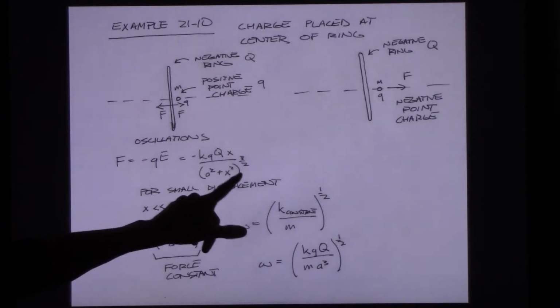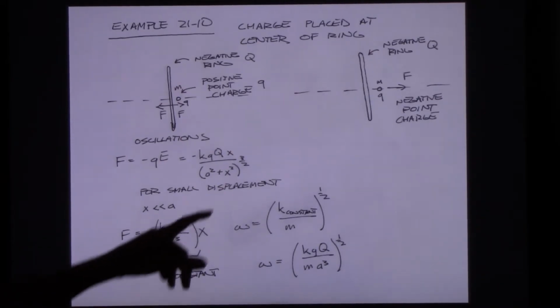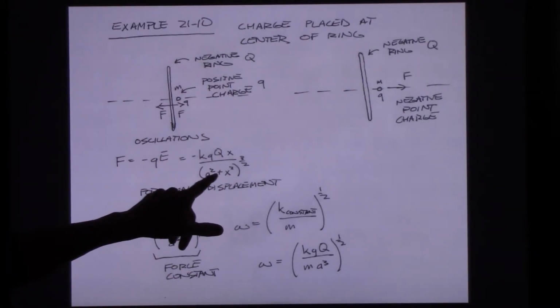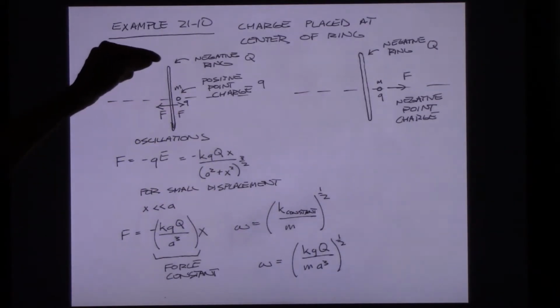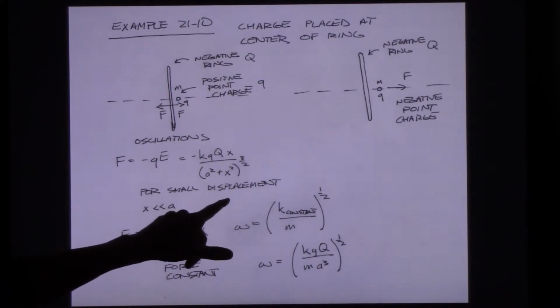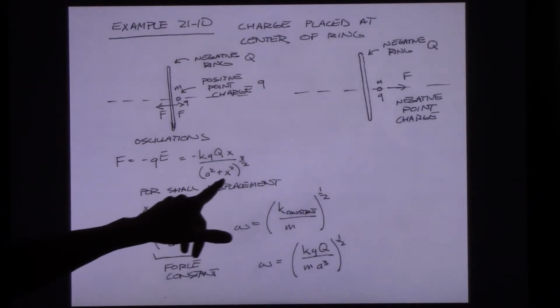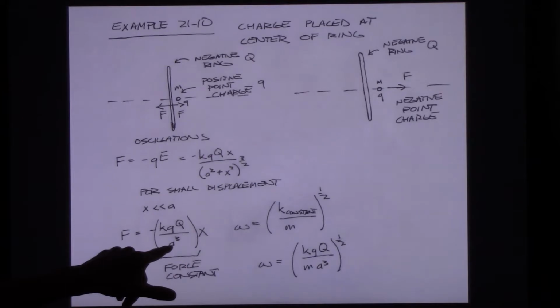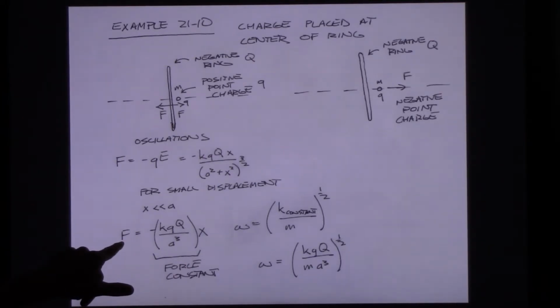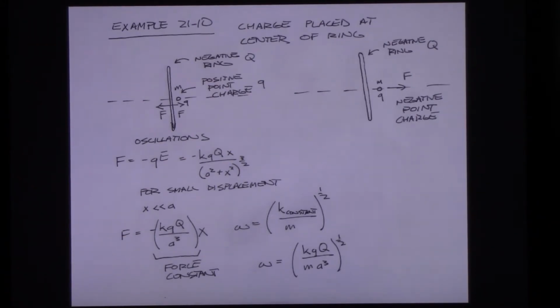What we can do is a side-by-side comparison of something that's added or subtracted: if a is much, much larger than x, if x is small compared with the radius, then we can ignore the x's on the bottom because the a squared will dominate. So when we do that, the denominator becomes a to the 3rd, and now we have a restoring force. There's a minus sign right there because if the displacement x is positive, F is going to be in the negative direction.